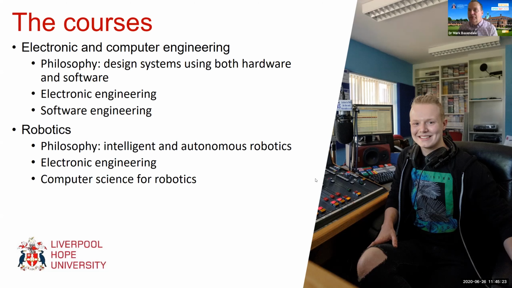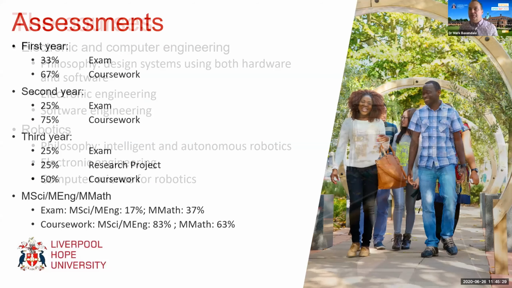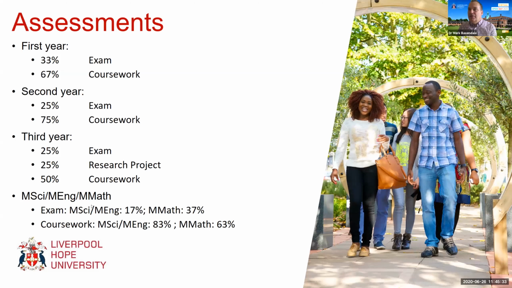Okay, thank you. So to finish off, we'll just look at the assessment patterns on the courses. As I mentioned at the beginning, you can do a 3-year undergraduate course, BSc or BEng, or you can do an integrated master's.